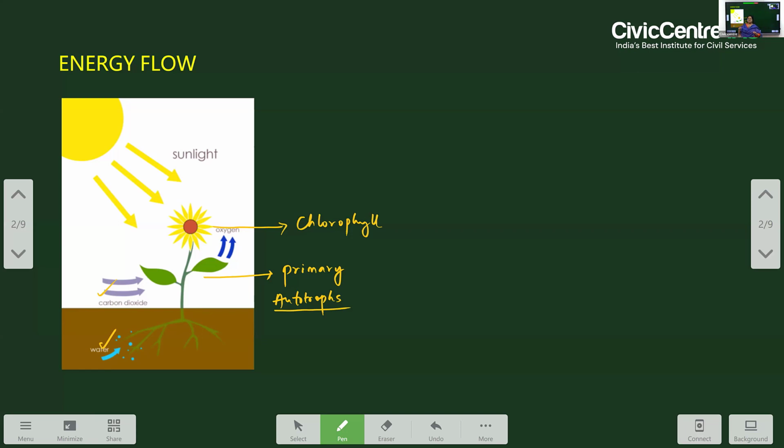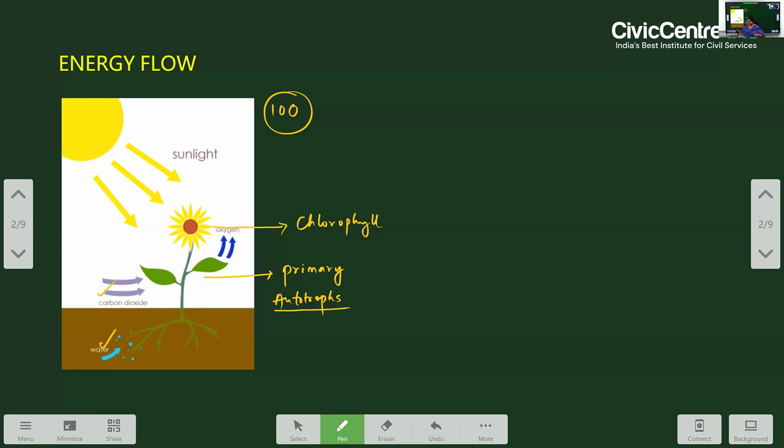Here, let us understand what amount of sunlight is utilized by the plants to prepare the food using the process of photosynthesis. Now, let's assume 100 units of solar energy is present at the source, that is the sun. Then, from here, what percentage of sunlight reaches the surface of the earth?